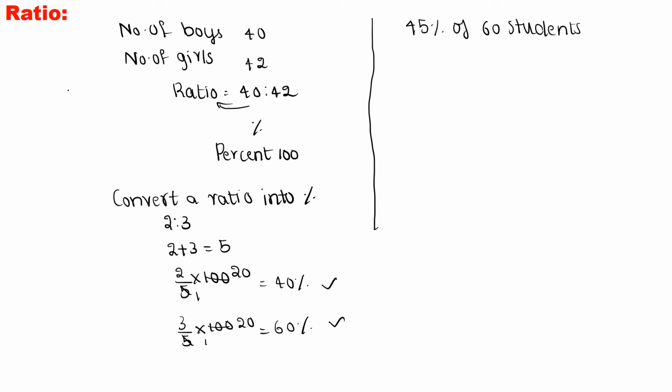Now we have to find what is the value of this. 45 by 100 into 60. 9 into 3 will be 27. So 27 students are going for the trip, out of 60 students overall.